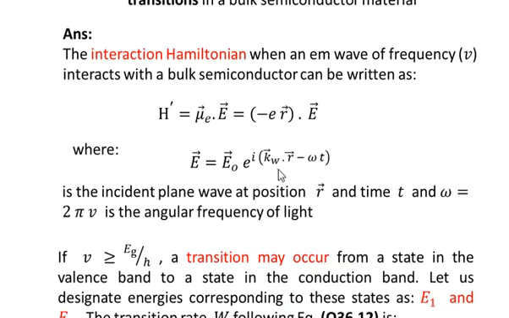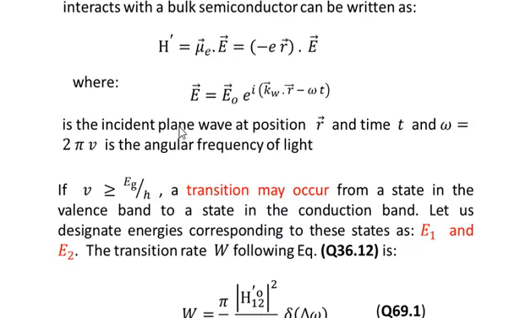So k_W dot r minus omega t is the phase factor of the incident beam, and the whole incident beam is capital E equal to E naught multiplied by the phase factor e to the power iota (k_W dot r minus omega t). This is the incident wave at a position r and time t, and omega is equal to 2 pi nu, the angular frequency of the light.